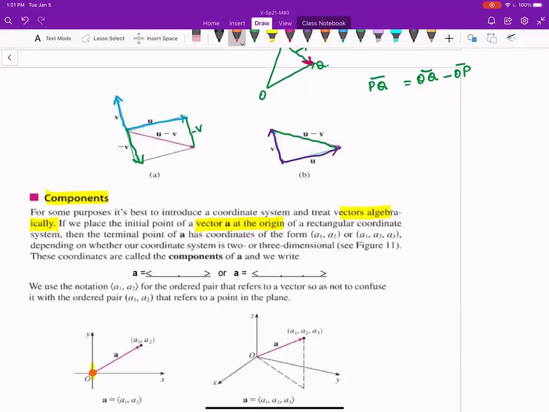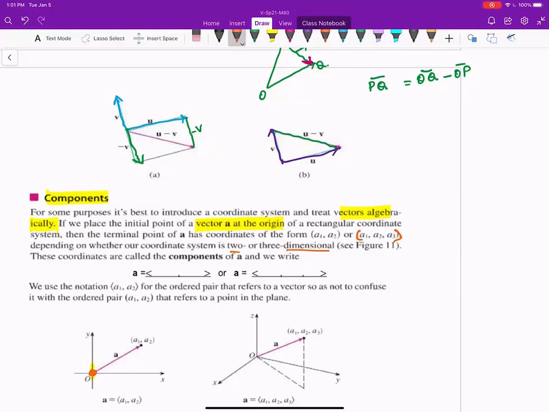In the same way, in space it is written as an ordered triple (A1, A2, A3), in that order. A1 represents the x coordinate, A2 the y coordinate, and A3 the z coordinate of the point in space. This depends on whether our coordinate system is two-dimensional or three-dimensional. An ordered pair, just x and y, is two-dimensional.